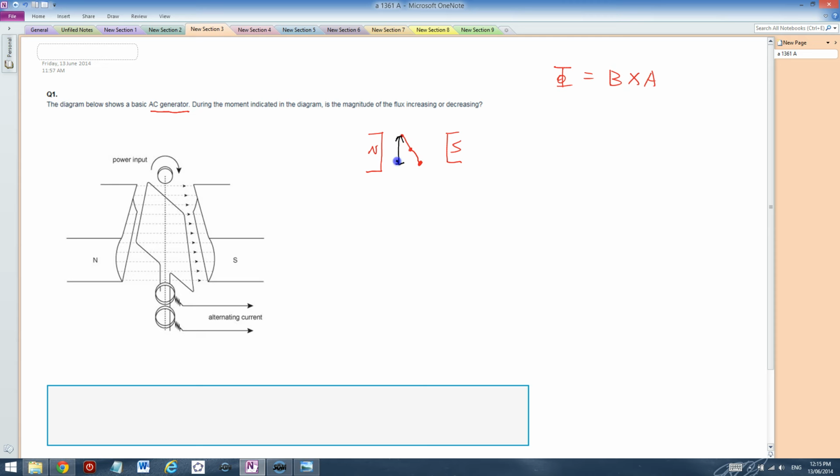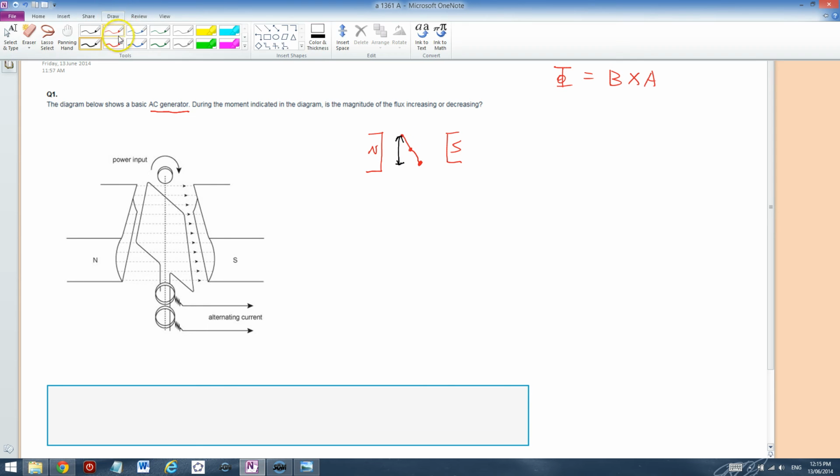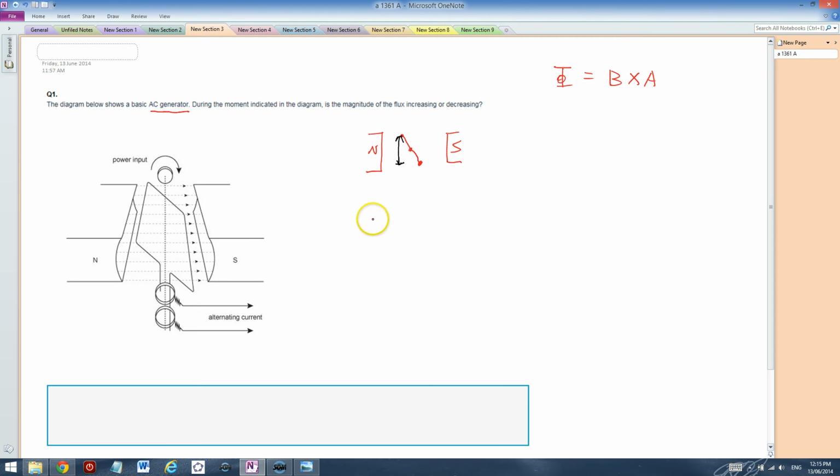As it rotates, the area is the perpendicular area.